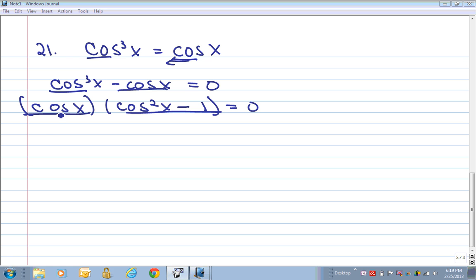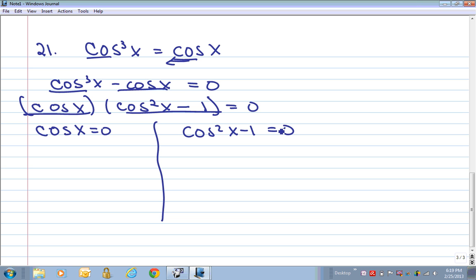And we're going to set each of our factors equal to 0. So we will have cosine x equals 0, and we will have cosine squared x minus 1 equals 0. All right, cosine x equals 0. Well, if it's 0 or 1 or negative 1 or undefined, remember we're going to be at one of our big four corners. So I'm going to draw my little axis here.